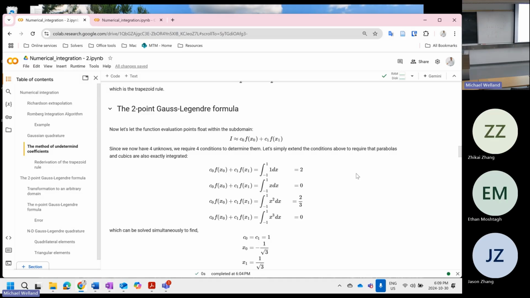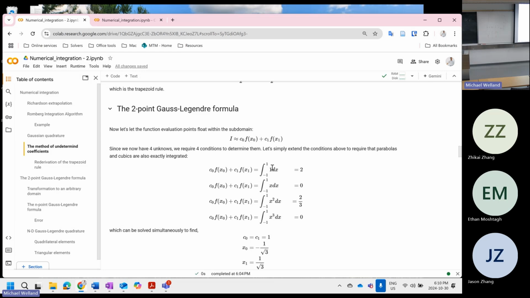Let's repeat that exercise for a cubic, right? And a cubic, remember, can be maximum order x cubed, but it also includes everything below.